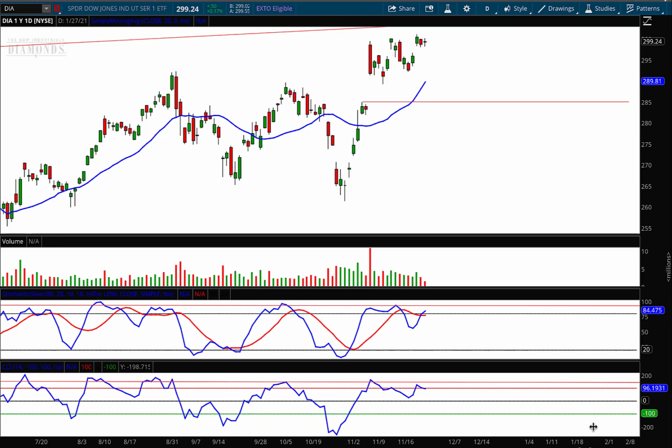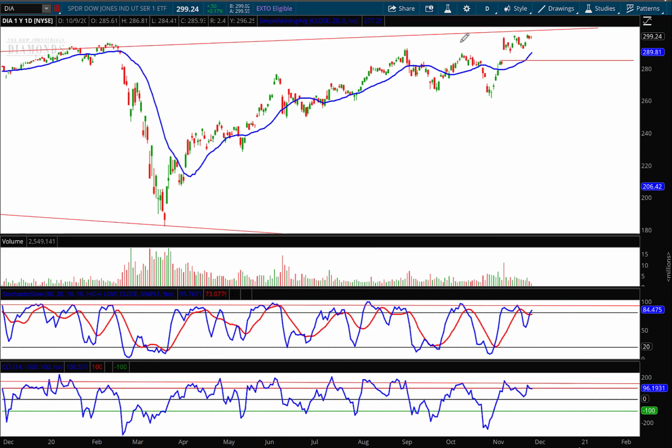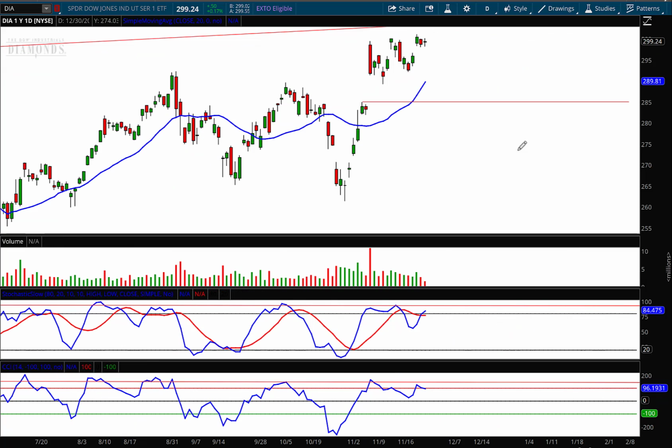But again, as I back out here, you're going to see that this is the megaphone top. That's the resistance. So I'm going to keep that in place just like that, and tell you that there is still a very strong risk that we're going to pull back. And if we pull back and start breaking down below key support levels, that could be a very dangerous position for us.